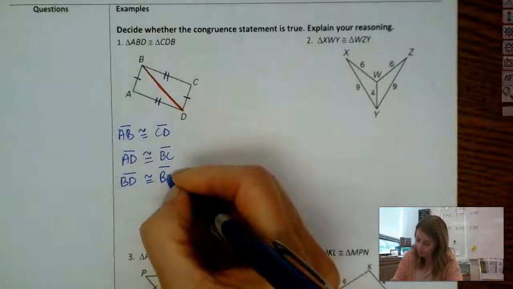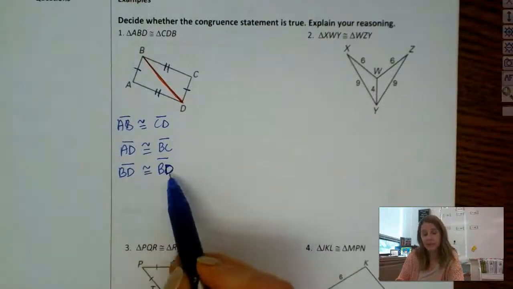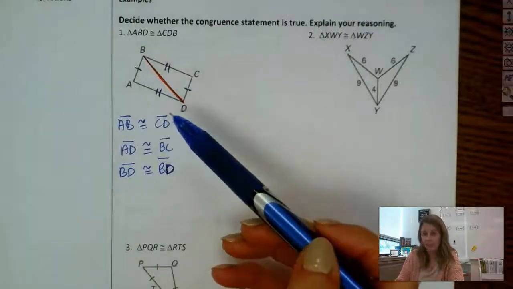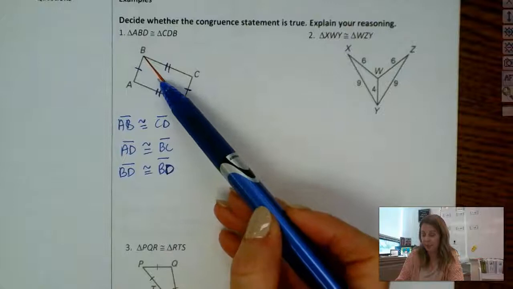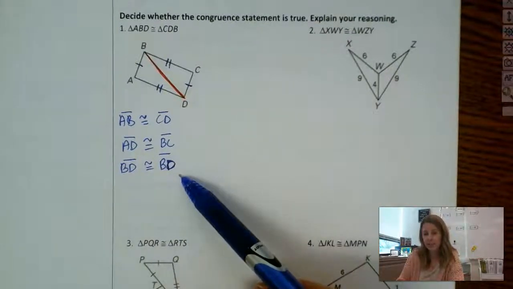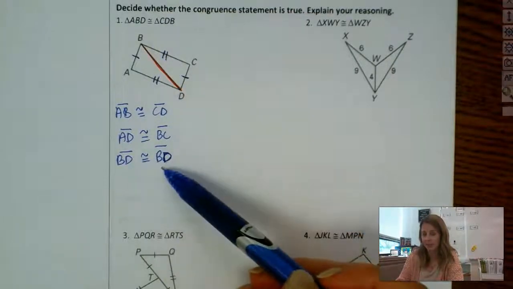Oh, I wrote C, I meant to write D. So I want you to recognize that this is the reflexive property of congruence. This unit, we will use this a lot. And the purpose of this property is to show that BD is actually in both triangles. So it's really two segments, but since it's a shared side, it's the same segment.